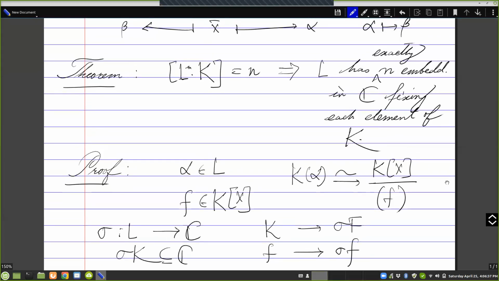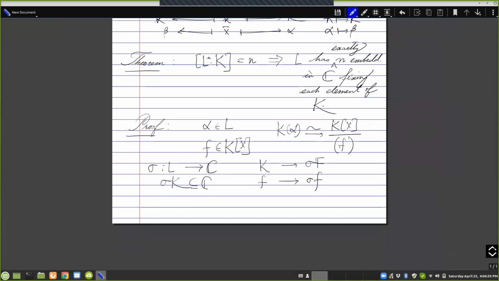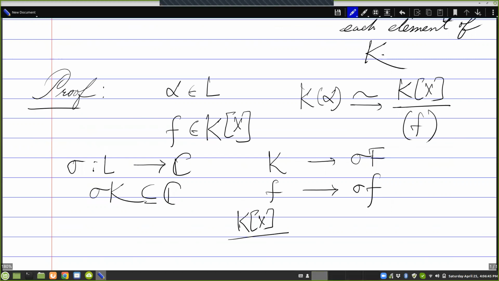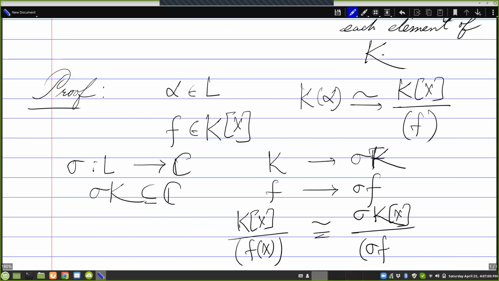And furthermore, what we get is that K[x] modulo f(x) is isomorphic to sigma K[x] modulo sigma f(x).